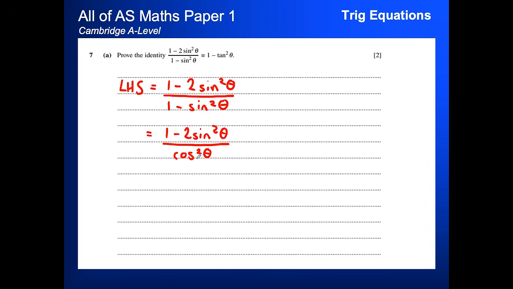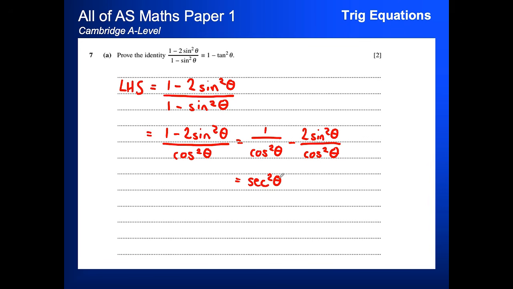Now, because I've got one thing in the denominator, I can actually separate this out. So 1 over cos squared theta minus 2 sine squared theta over cos squared theta. And at this point we can change this slightly, so 1 over cos squared theta is the same as sec squared theta.